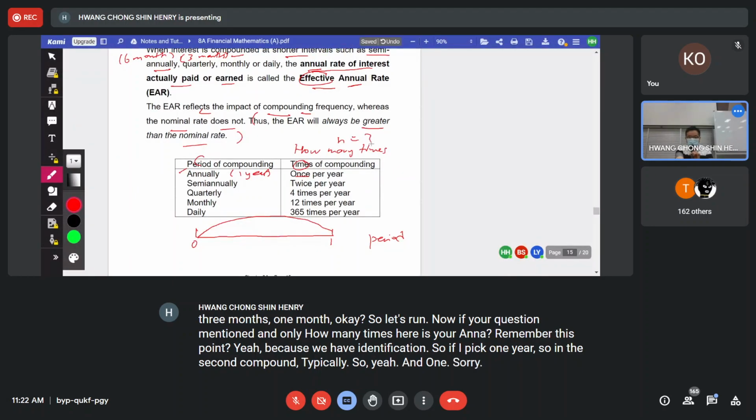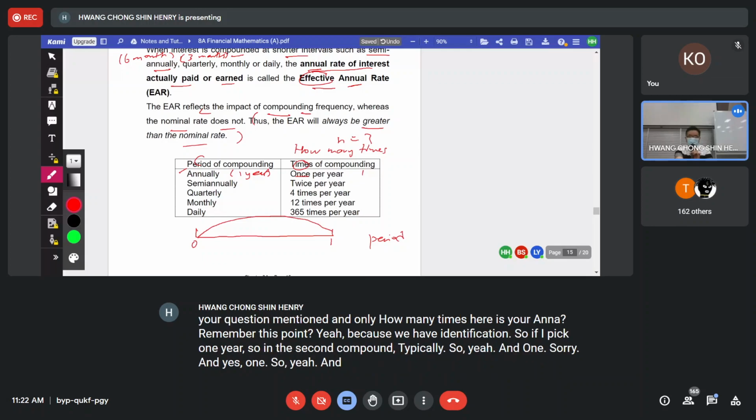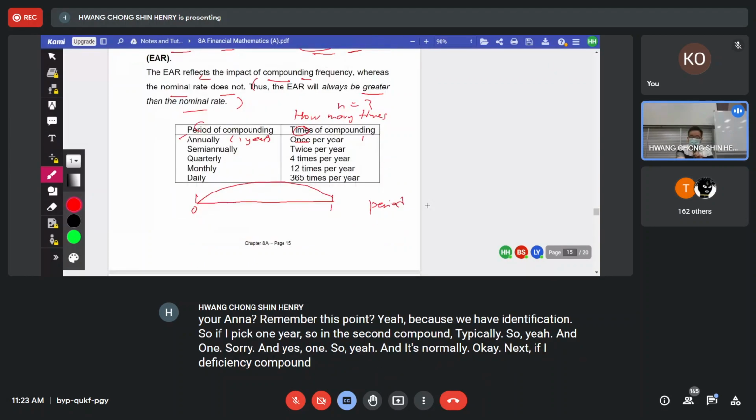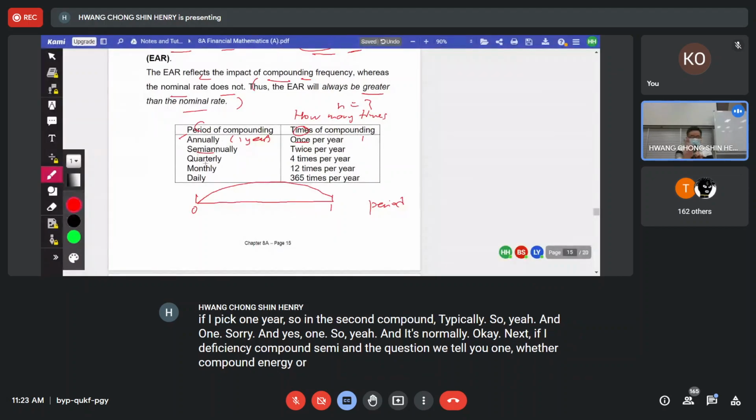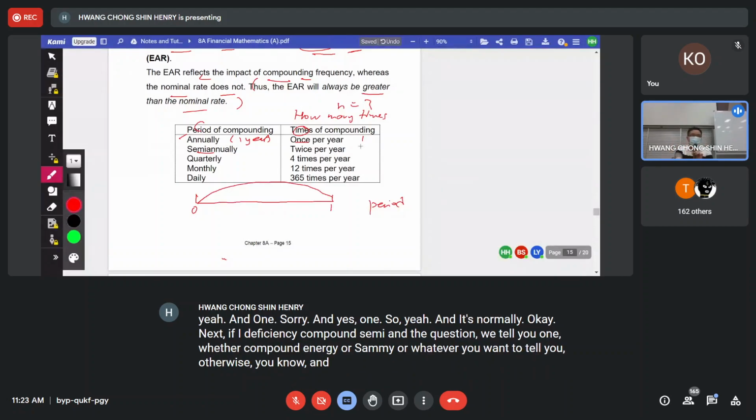Sorry. n here is 1. So I put here n equal to what? How many times compound? Simple. Okay. Next, if the question says compound semi-annual, the question will tell you whether compound annually or semi or quarterly. They have to tell you, otherwise you cannot find your n and your i.